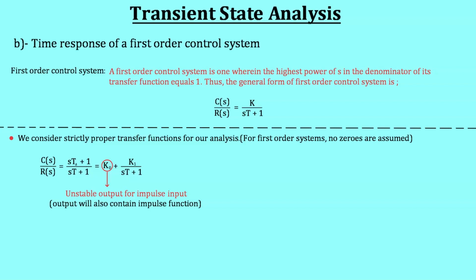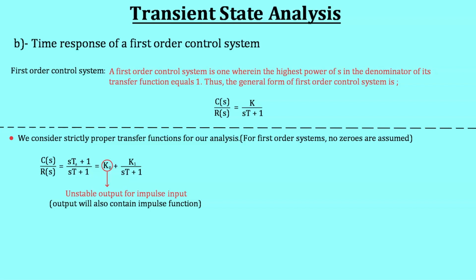Even if you take a proper transfer function rather than a strictly proper transfer function, you will get a transfer function which can be simplified in terms of k0 plus k1 divided by (sT plus 1). If we have taken a transfer function like this, then try to imagine if we take a very simple input signal like the impulse input, the output will also contain an impulse function, which we do not want.